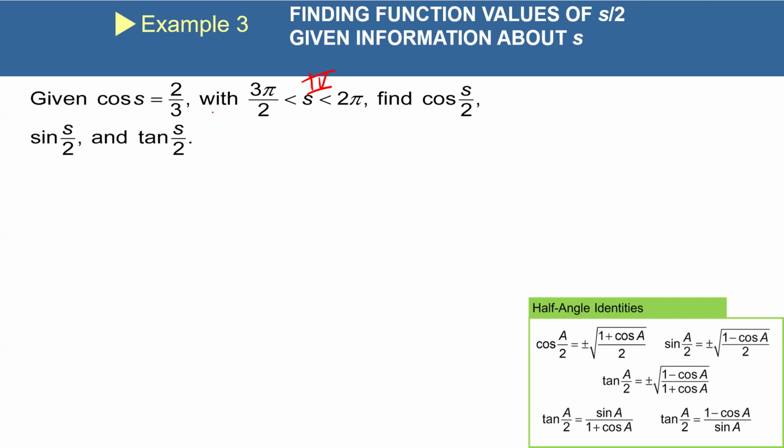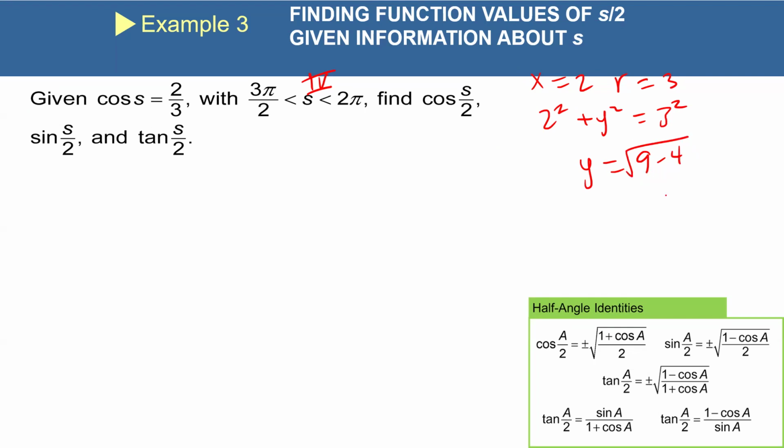So if I have cosine is 2 over 3, that means that my x equals 2 and my r equals 3. How do I find my y? Pythagorean theorem. So we have 2 squared plus y squared equals 3 squared. So y equals the square root of 9 minus 4.